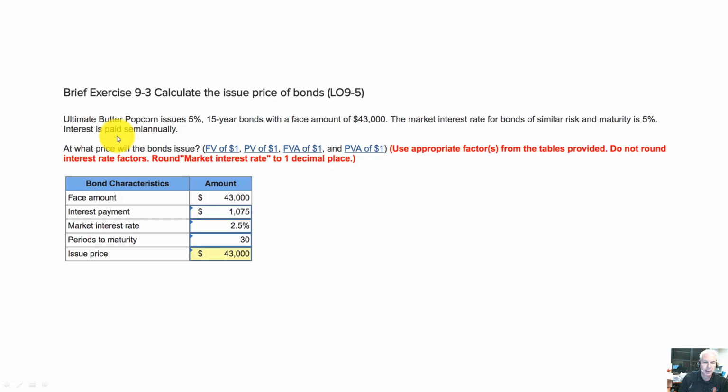Notice that the interest is paid semi-annually, right? So you're going to go ahead and multiply that out and you'll get the correct answer there.